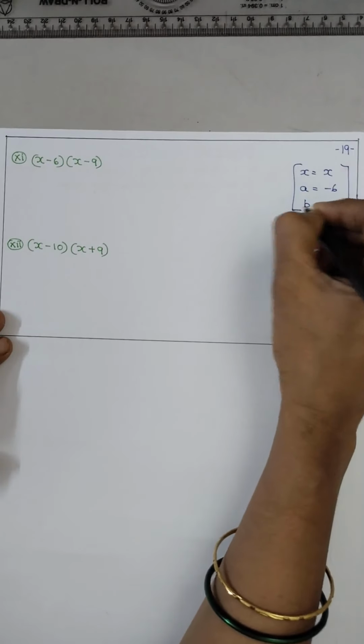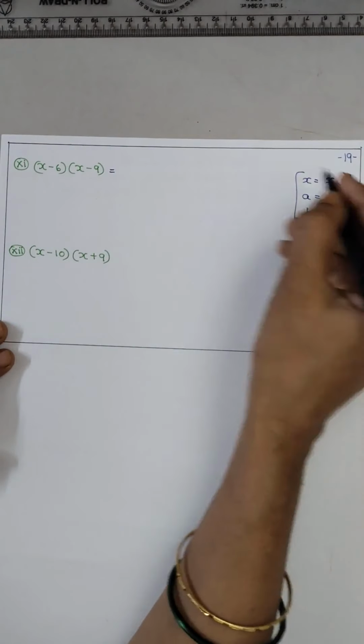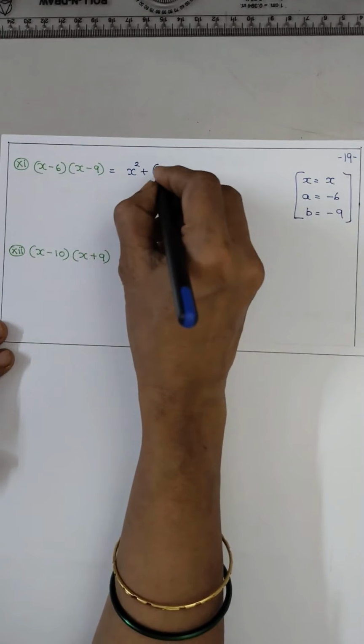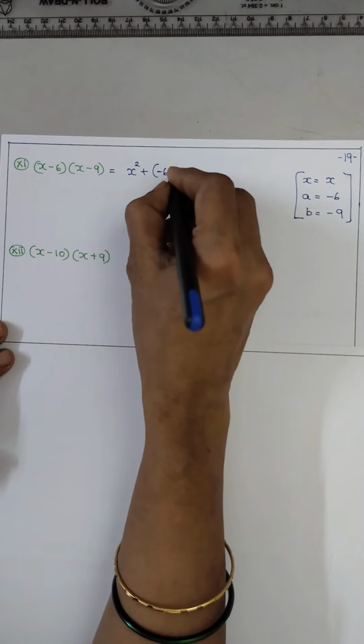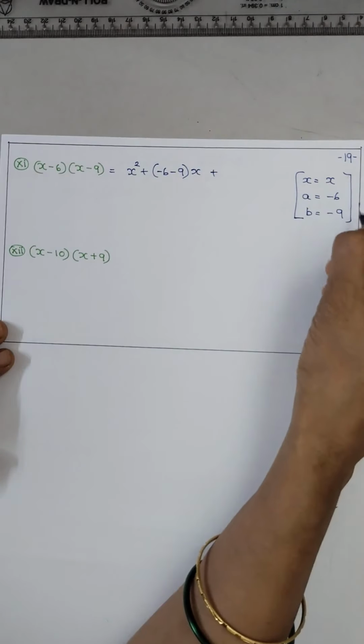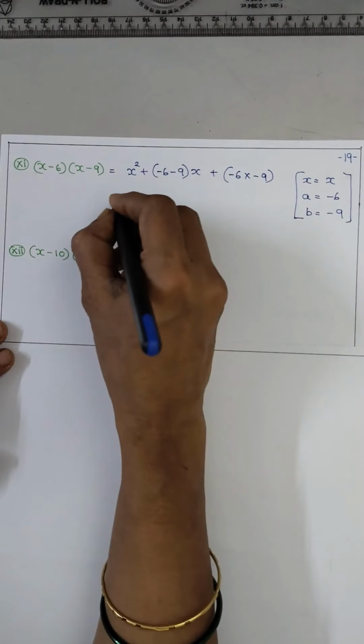Same method, only the calculations you have to be careful. X squared plus a, minus 6, b, minus 9, into x plus a into b, minus 6 into minus 9.